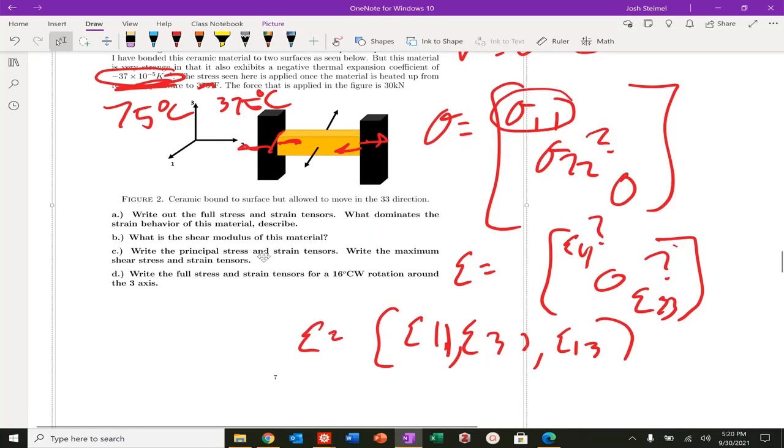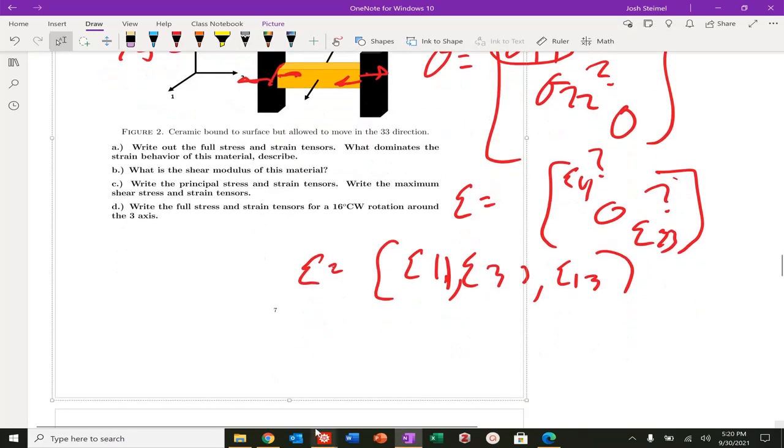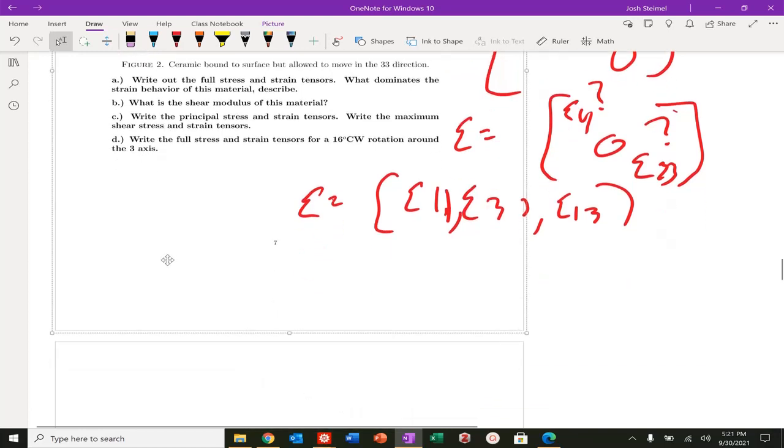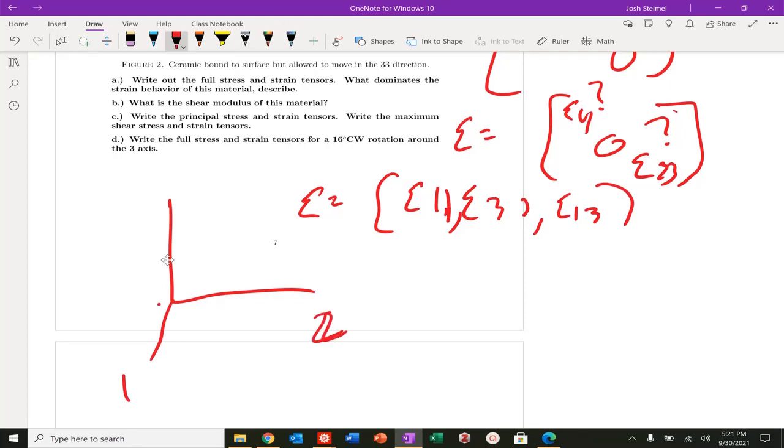So got that. Write the full stress and strain tensors for 16 degrees clockwise rotation around the 3-axis. So again, I'm looking at 1, 2, and 3. If I'm looking for rotation around the 3-axis, I am going to do basically 16 degrees clockwise.